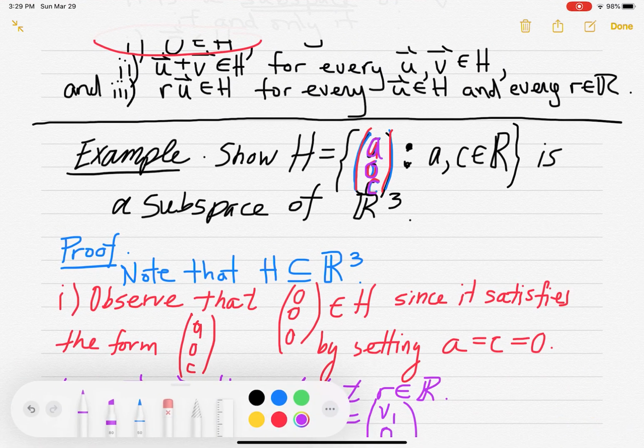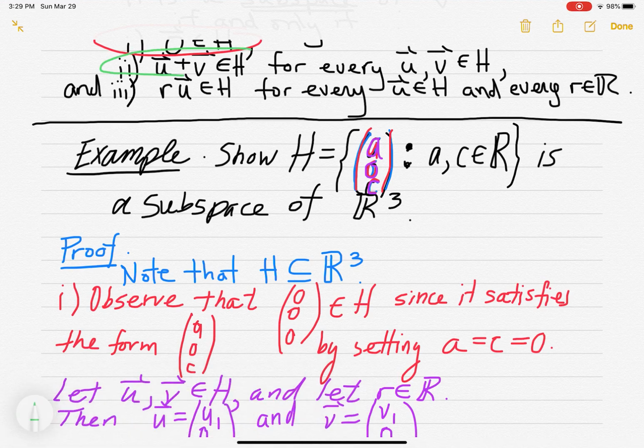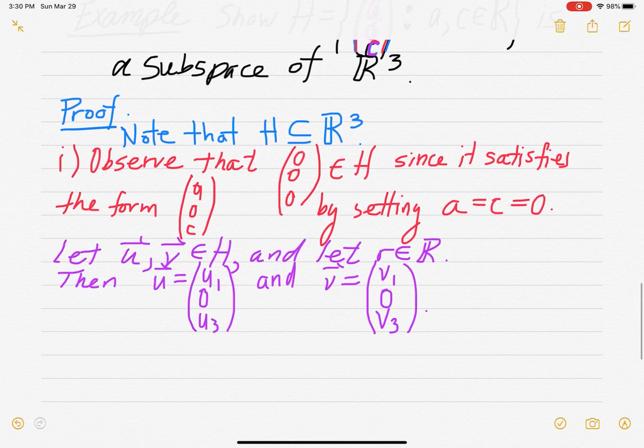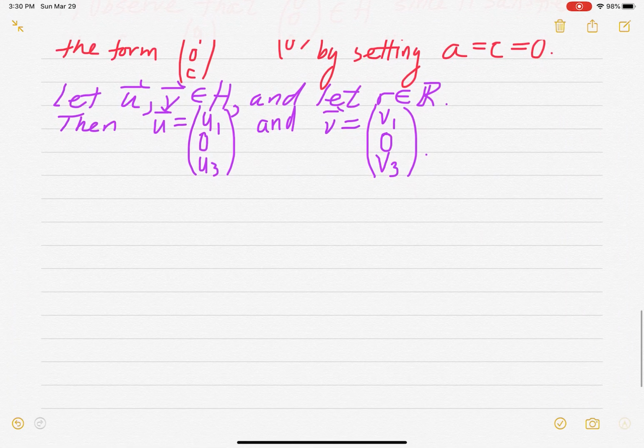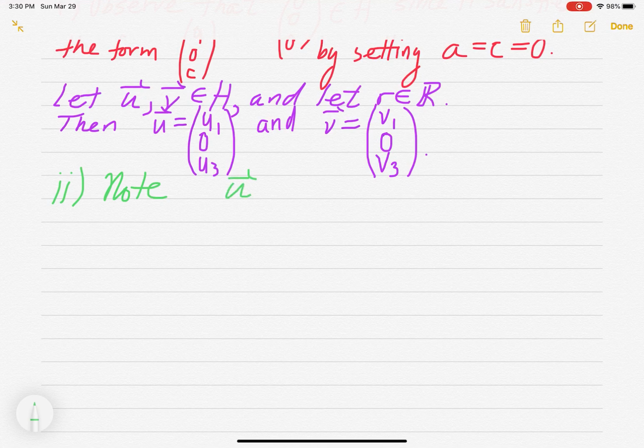The second step is to show that when I add two vectors together, the sum of those two vectors is in H. So this is step 2. Let's add our vectors together, U plus V. What happens when we add U and V together? For the first entry, we're going to have U1 plus V1. Our second entry is 0 plus 0, that's 0.